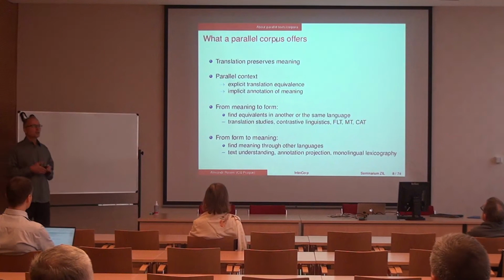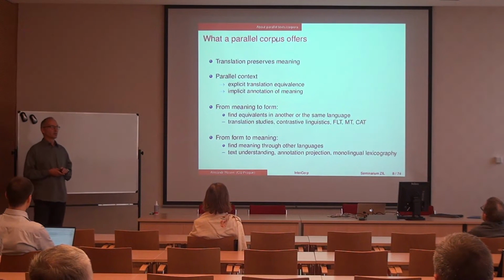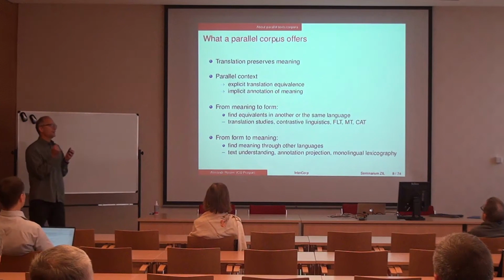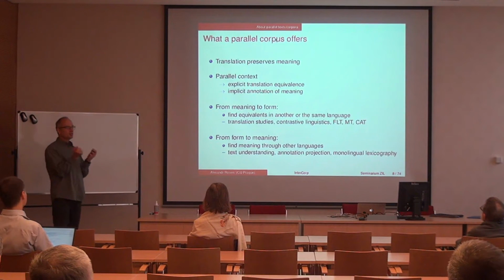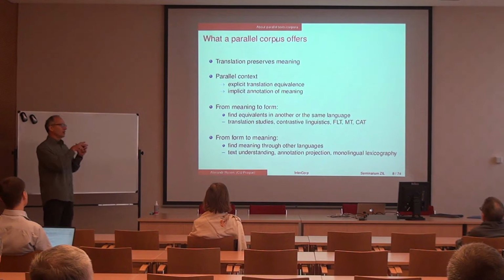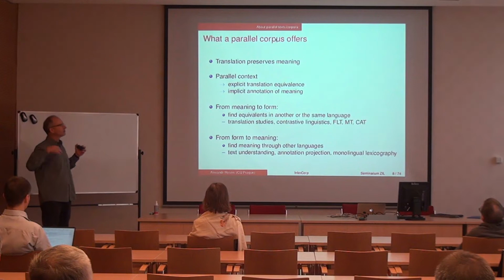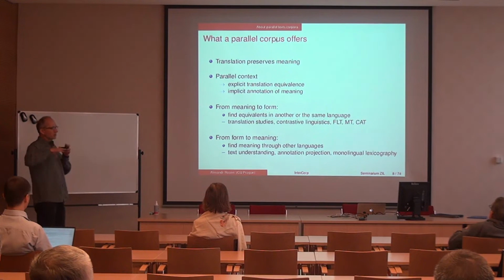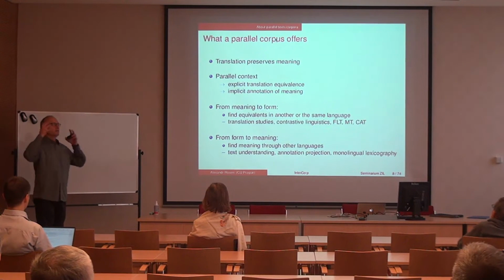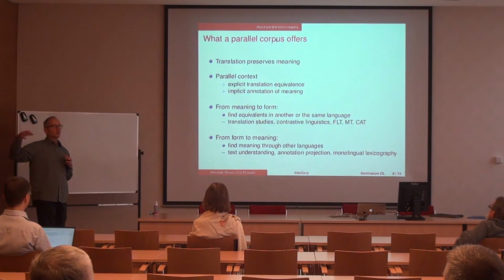So, what's the advantage of a parallel corpus? There is this idea that translation preserves meaning, right? And so you can use it in various ways. If you focus on one expression, you have some context around that expression, and you can see that expression also in another context in the target language or in the source language.